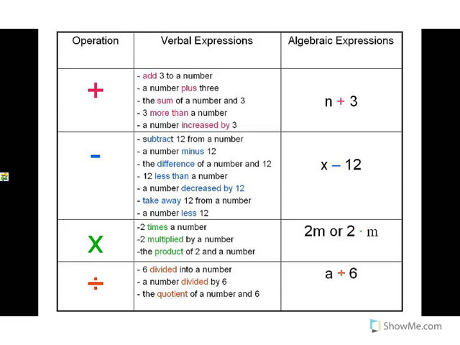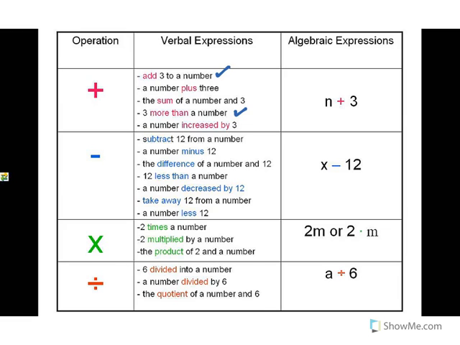The sum of a number and 3: again, sum means addition, so that's translated exactly as you read it. 3 more than a number is not 3 plus n, it's actually n plus 3, because a number is what we started off with originally, and then we're adding 3 more than its original number. So the ones that we have to pay attention to are this one and this one. Those are the two that are written backwards. And then, of course, a number increased by 3 is translated just like you see it.